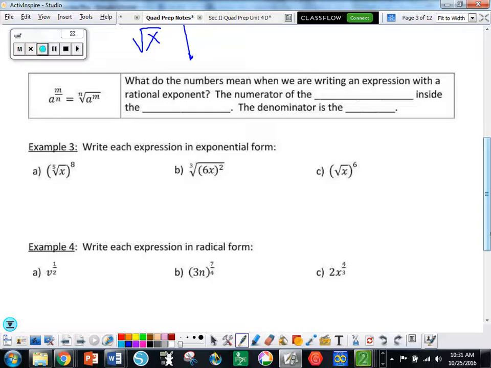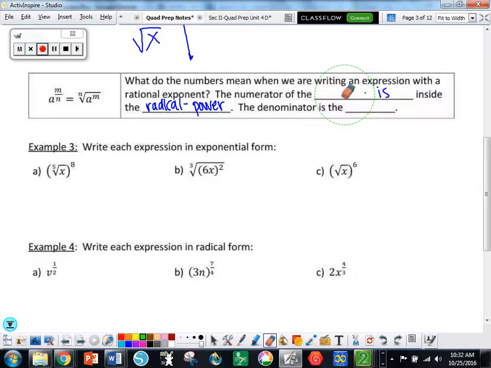The numerator of the fraction is inside the radical, and it is the power, or the exponent. I think I messed up twice now.